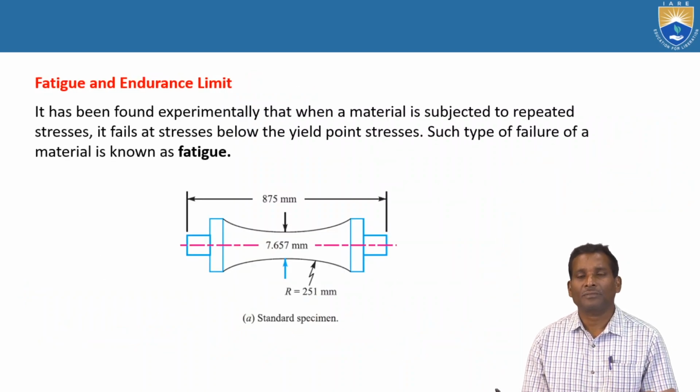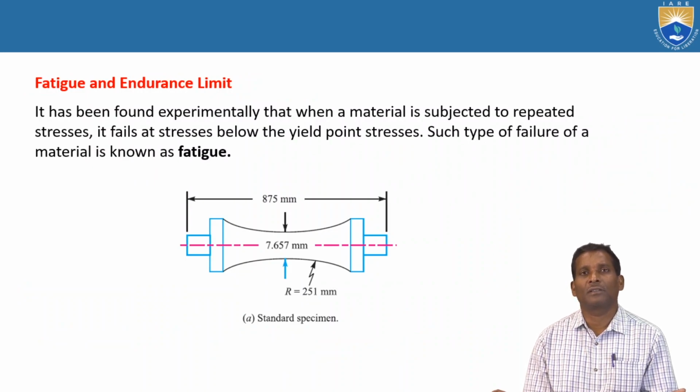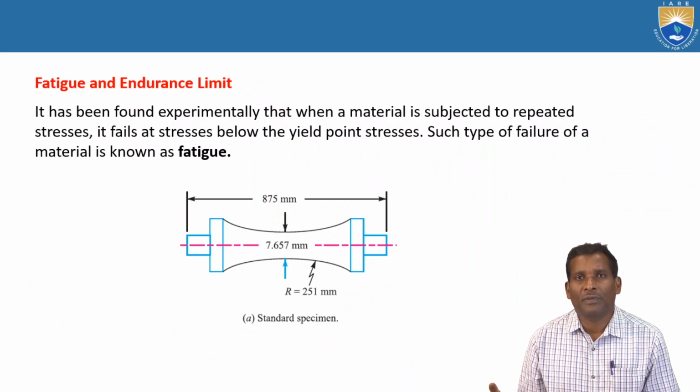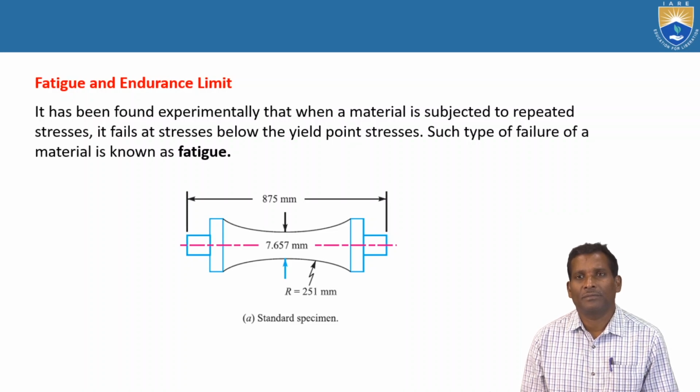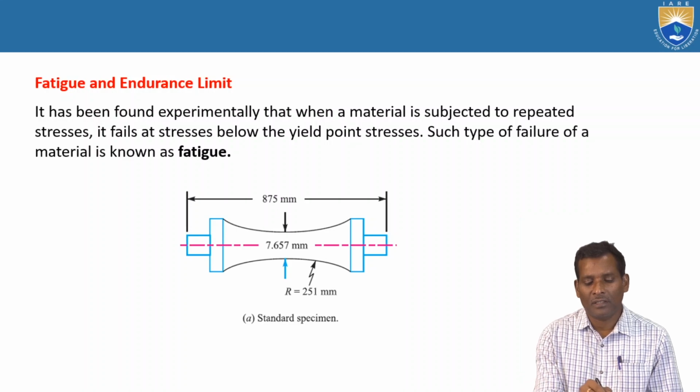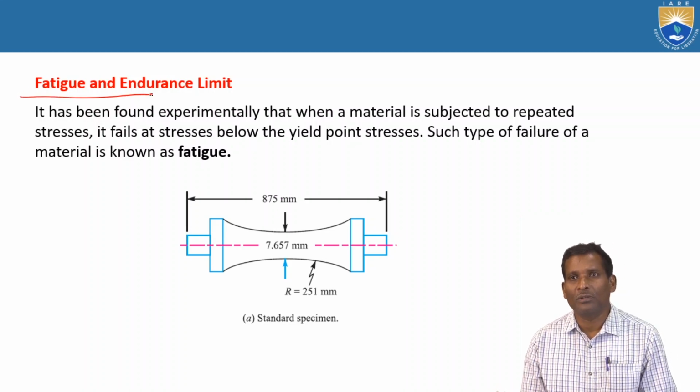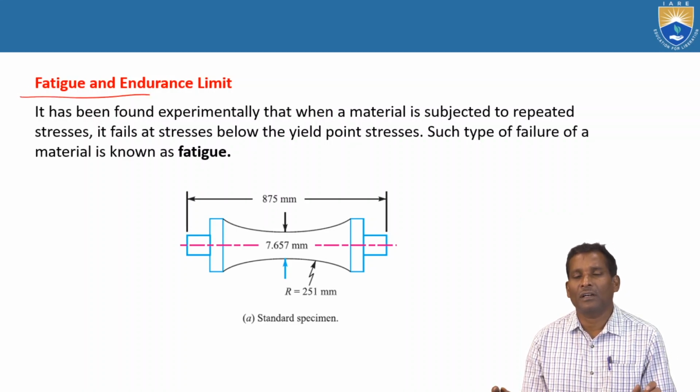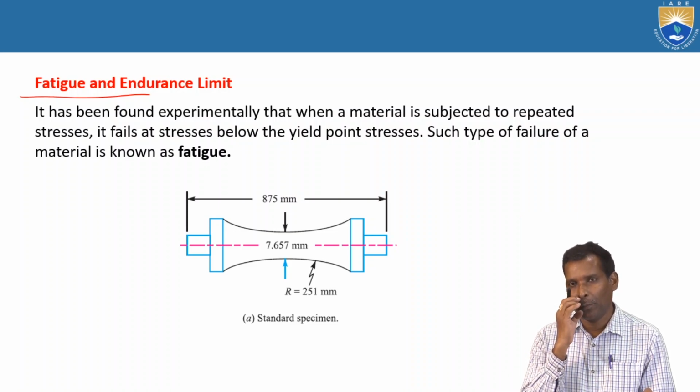Next one is an important definition: fatigue and endurance limit. The fatigue property you already know: whenever a component or object is subjected to repeated loads or cyclic loads, or repeated stresses or cyclic stresses, it fails at stresses below the yield point stress.